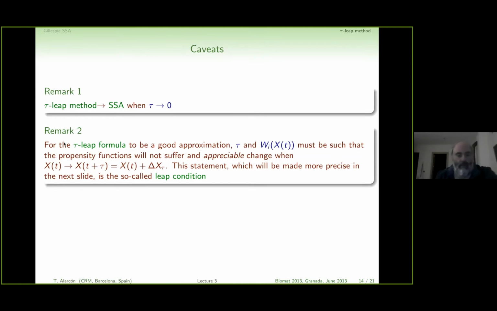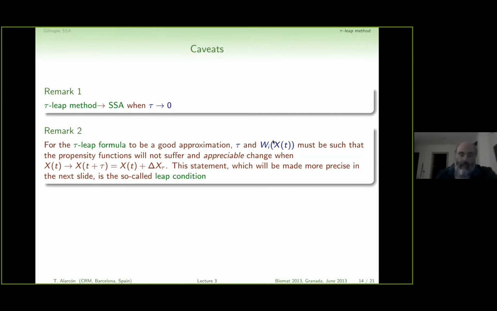This thing here that we have called the tau-leap formula, or rather Daniel Gillespie called the tau-leap formula. For this formula to be a good approximation, both tau and the rates must be such that the propensity functions will not suffer what Gillespie called an appreciable change when x moves from x of t to x plus tau. So this basically means that the change in the variable x needs to satisfy some conditions.